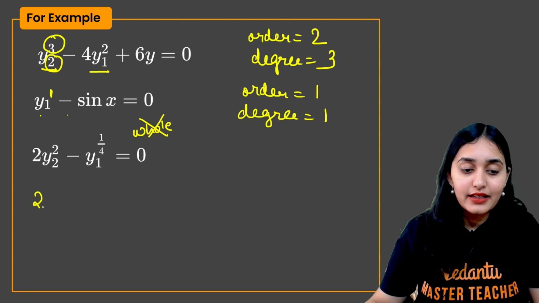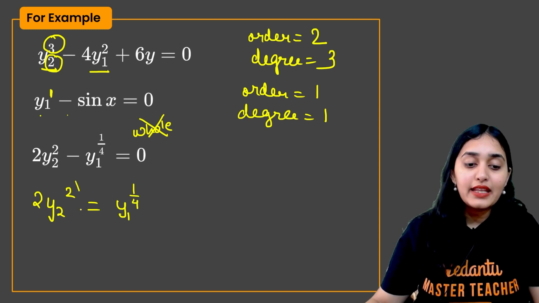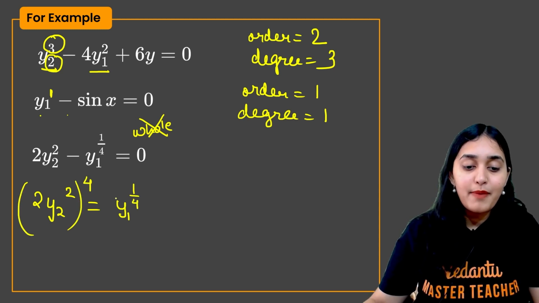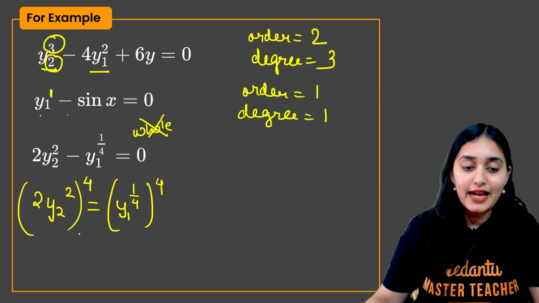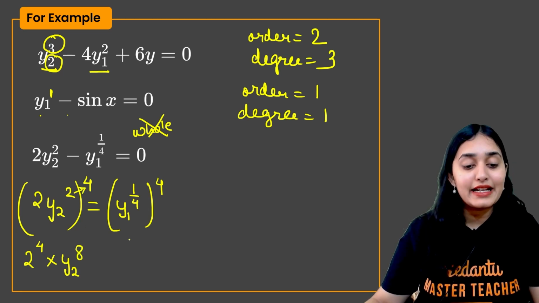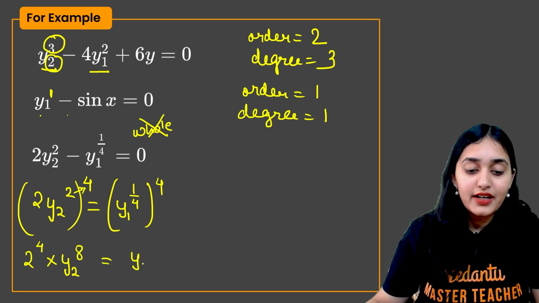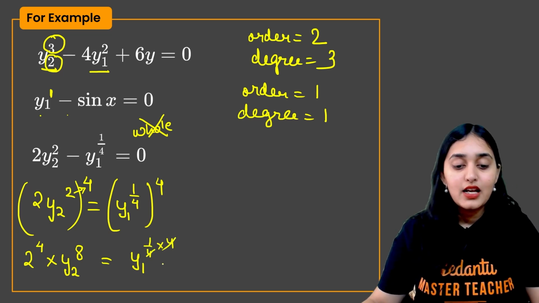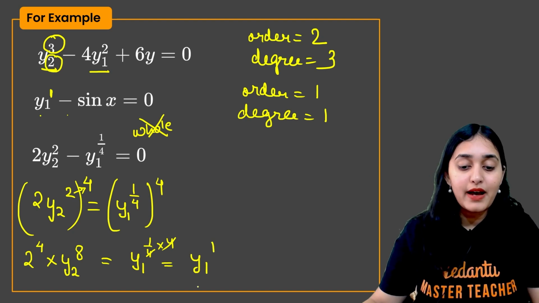I will write it as 2 times y2 square is y1 to the power 1 by 4, and then I will apply power 4 on both the sides. So this will become 2 to the power 4 into y2 to the power 8, because 4 twos are 8, is equal to y1 to the power 1 by 4 into 4, 4 cancel. So this will become y1 to the power 1.